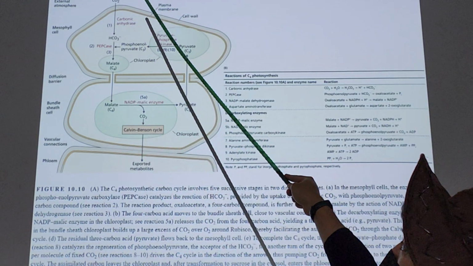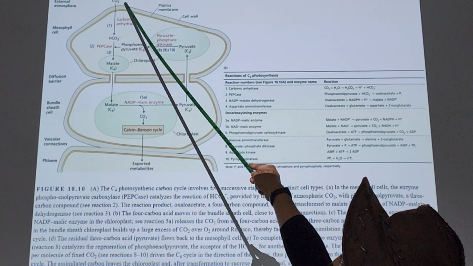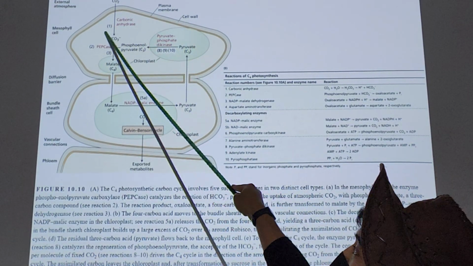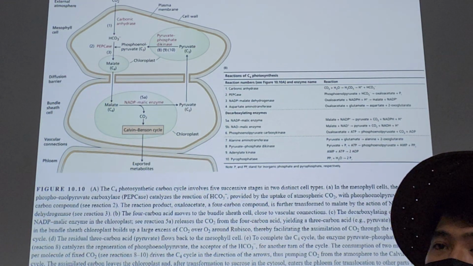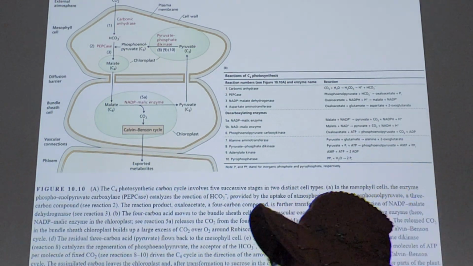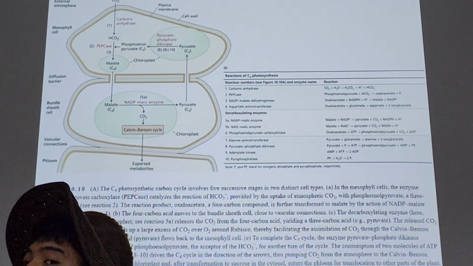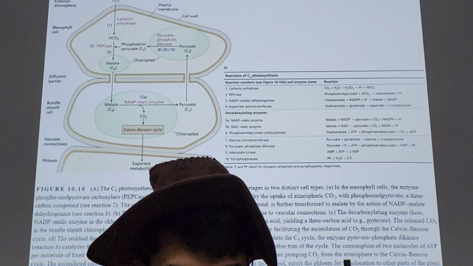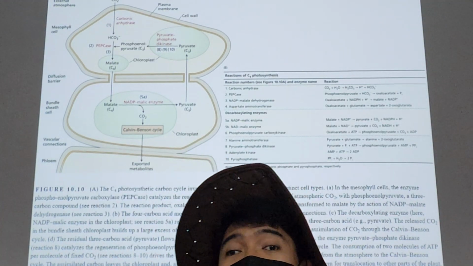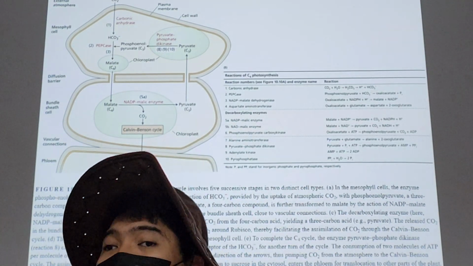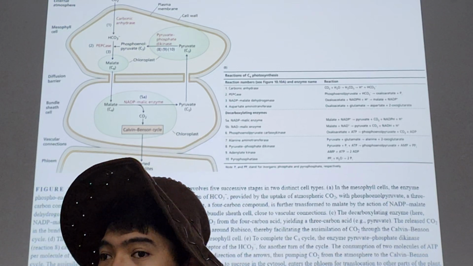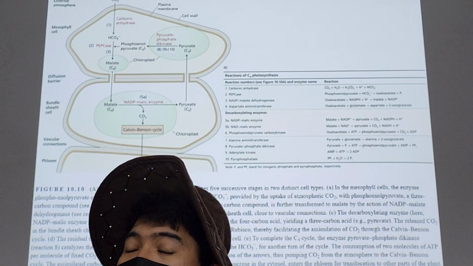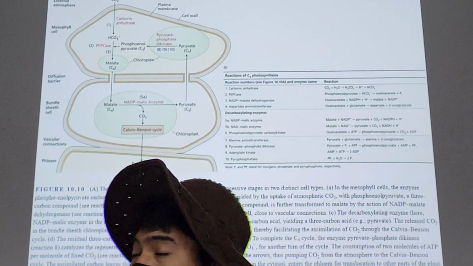CO2 in a C4 plant gets into the mesophyll cell. And remember, the mesophyll cell is filled with water just like any other cell, and CO2 can dissolve in water. The moment CO2 dissolves in water, what do you get? You get carbonic acid, right? And this carbonic acid can further dissociate into bicarbonate ions.